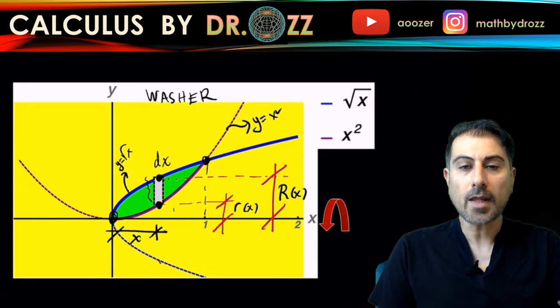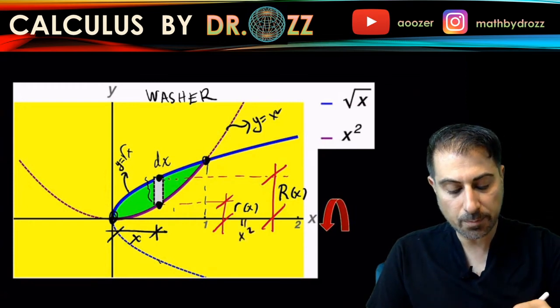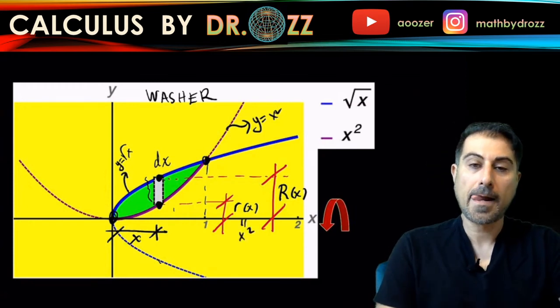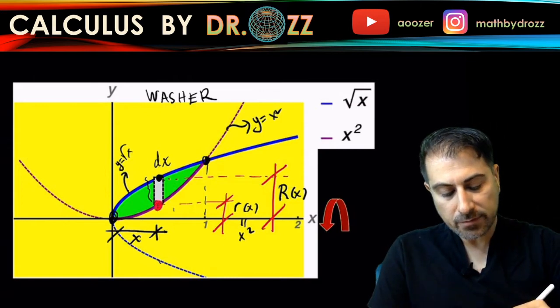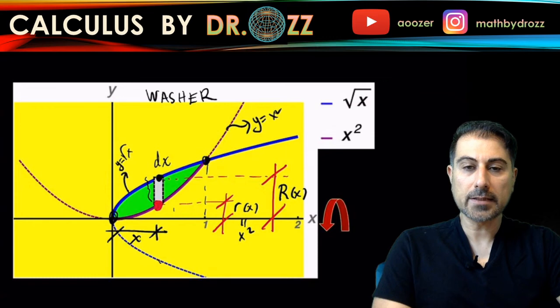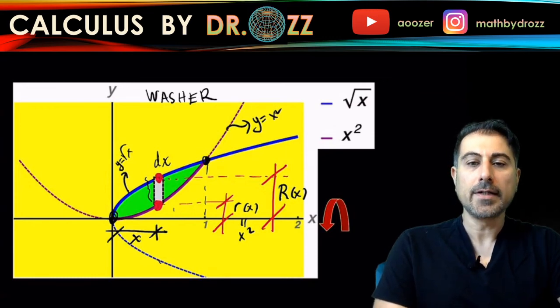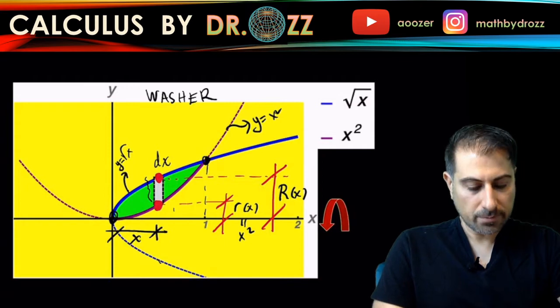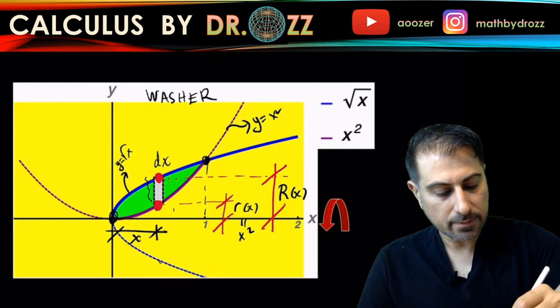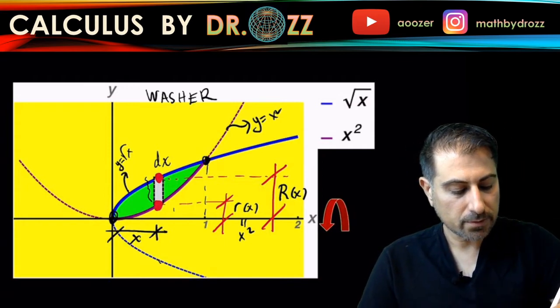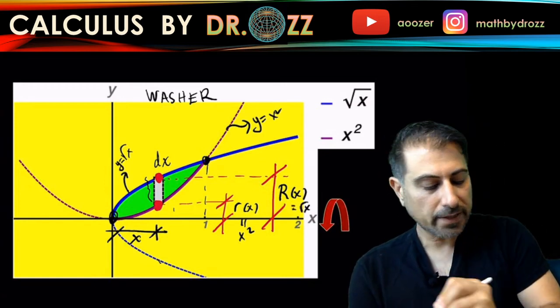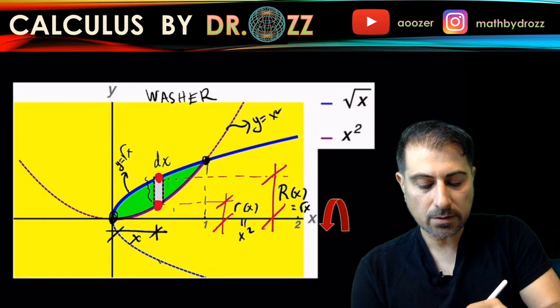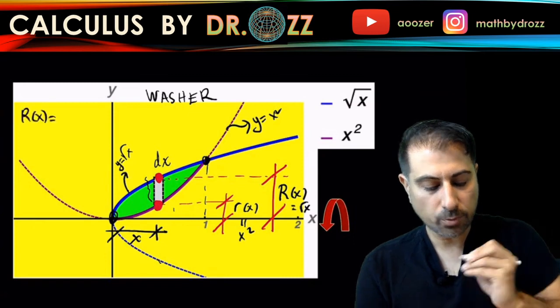That's the y-coordinate of this point here. How about the y-coordinate of this point? Well, that's on the blue curve, which is the top end of the slice, so that is radical x. So let me write them clean here. Capital R of x is radical x. Little r of x is x squared.